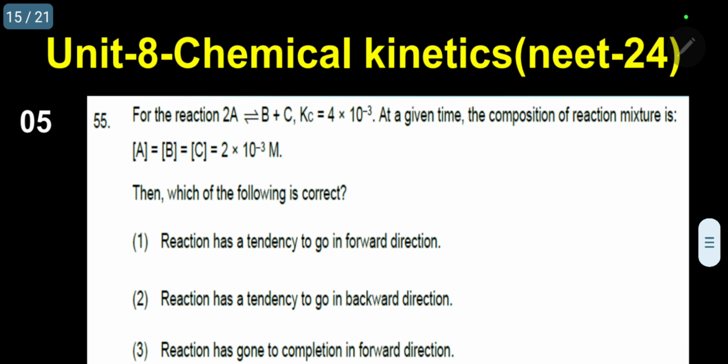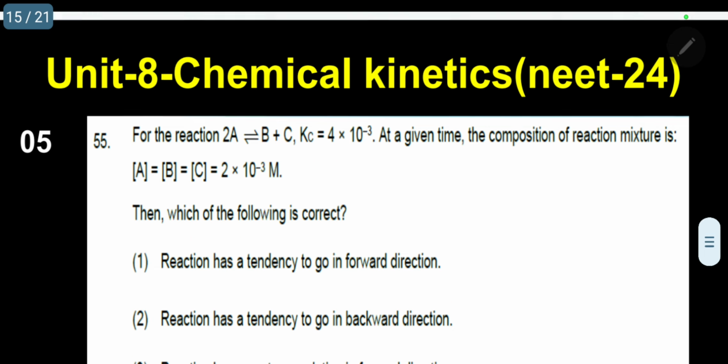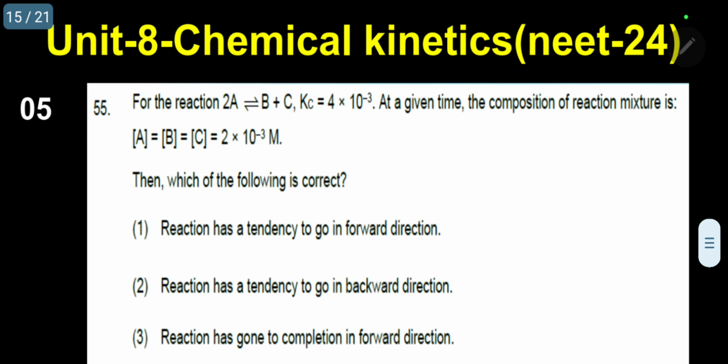Next question. Question number, again, NEET 24. This is asked in NEET 24. Kindly follow, NEET 24. For the reaction 2A equal to B plus C, Kc equal to 4 into 10 to the power of minus 3.